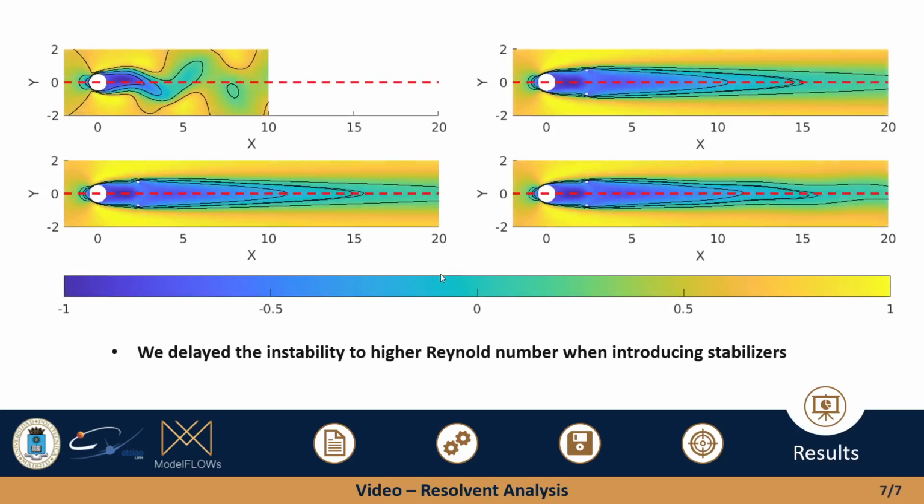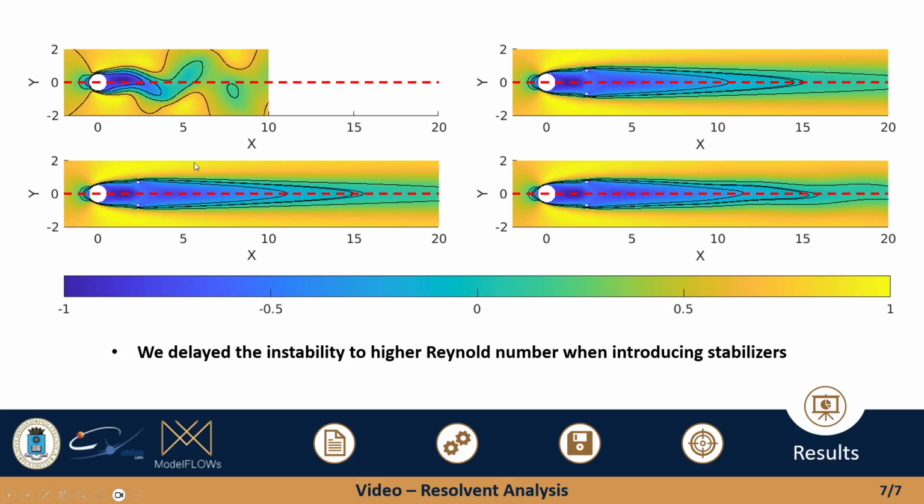This can be seen in this 2D cylinder, where we have our Reynolds number 50 simulation. If we introduce these stabilizers, you can see that the bubble is not broken, so the instability that creates the von Karman street disappears.